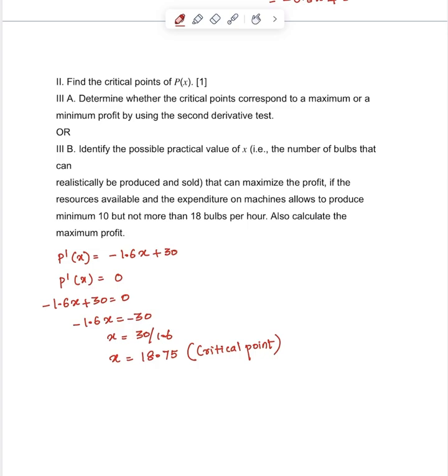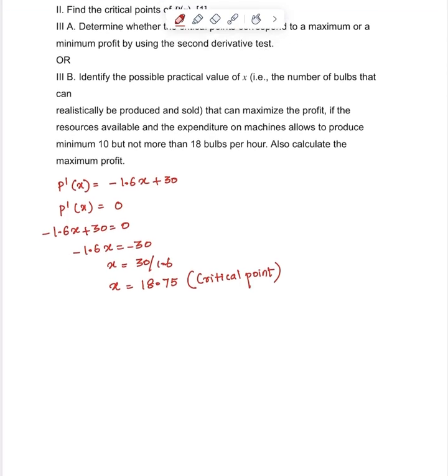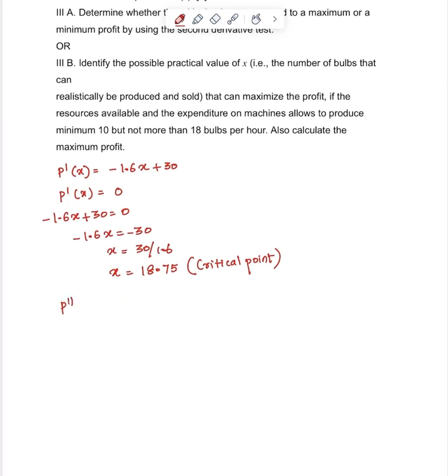First part in that. Determine whether the critical point corresponds to a maximum or a minimum profit using the second derivative test. So the question itself gives us the hint. We have to get the second derivative of the profit, which is nothing but minus 1.6. Since this P double dash of x is negative, now this x is equal to 18.75 is the local maximum.